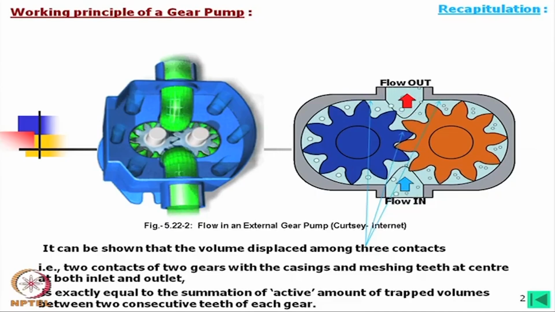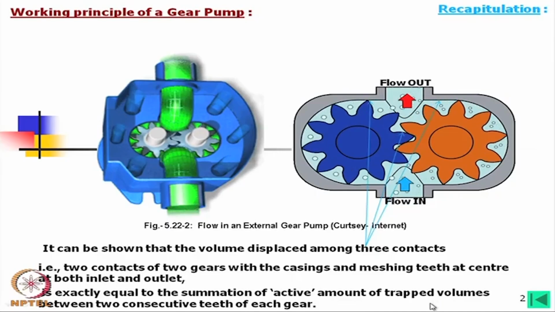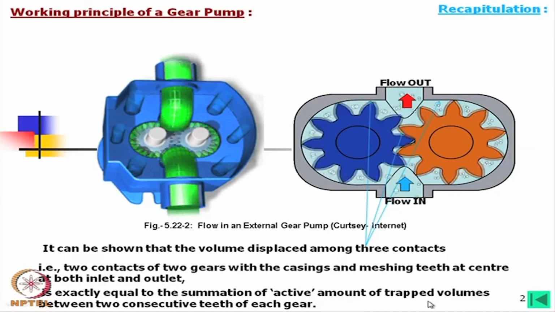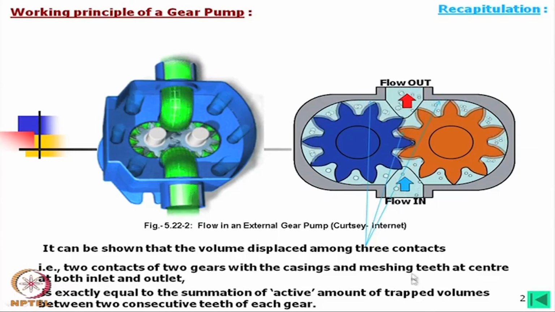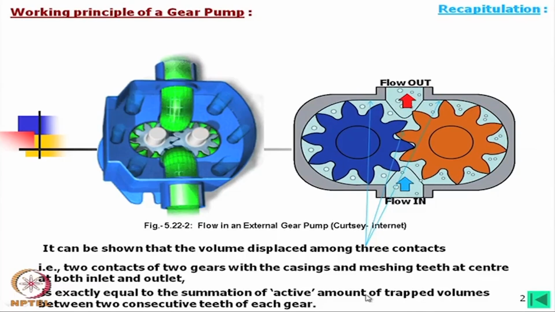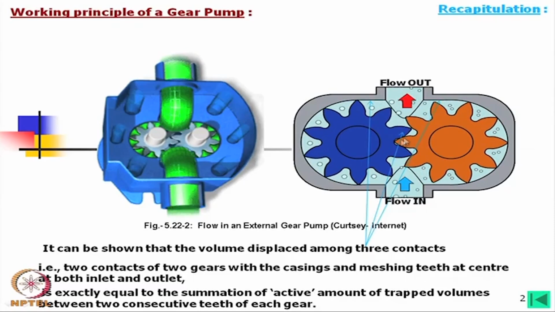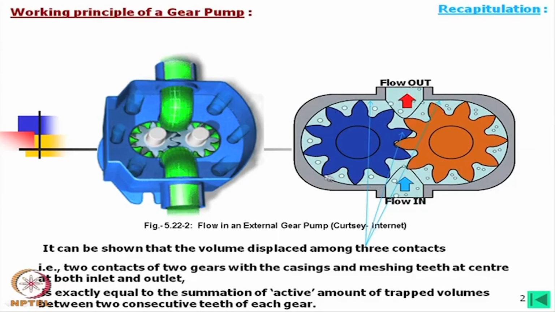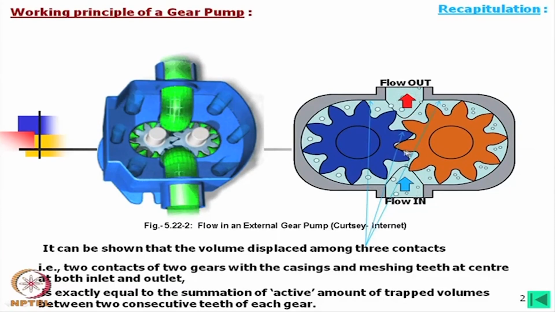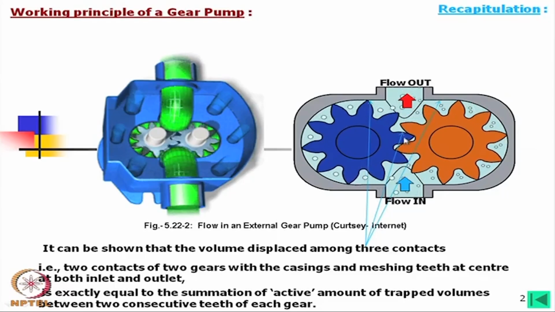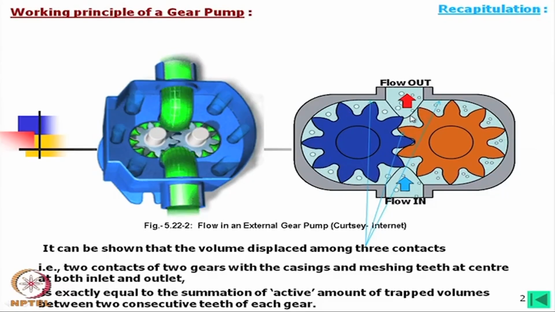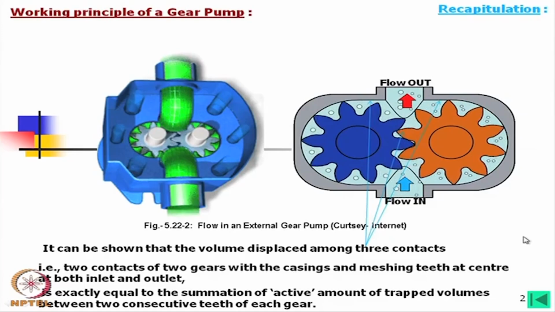And the volume displacement is exactly equal to the summation of the active amount of trapped volume. The active amount means that if we look into this, some oil is going back to the other side. So, the active amount is the volume displacement happening here.